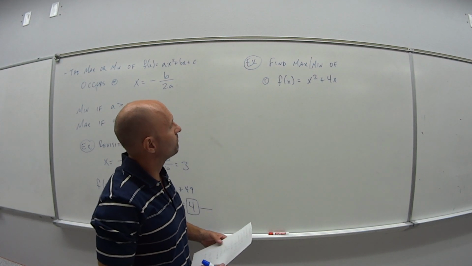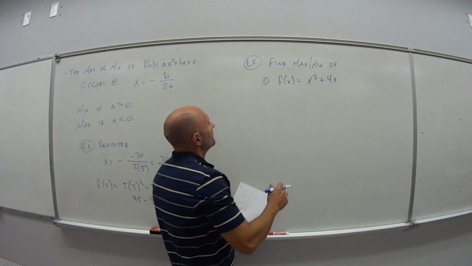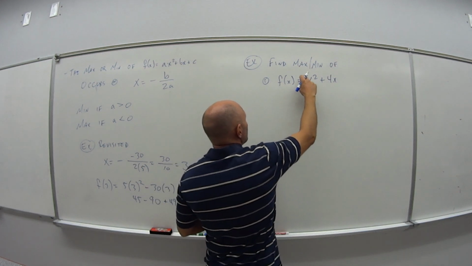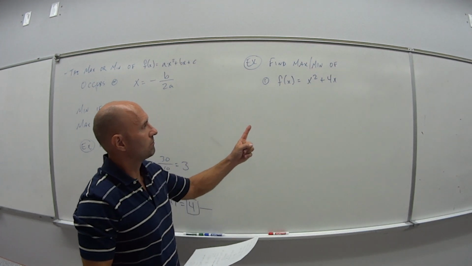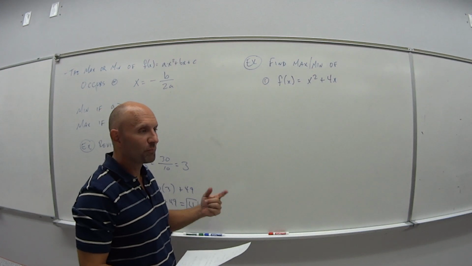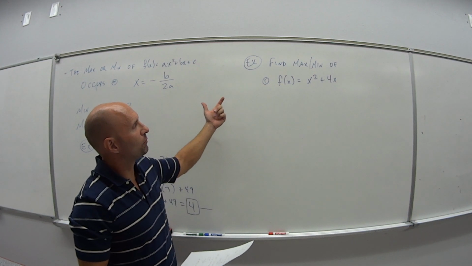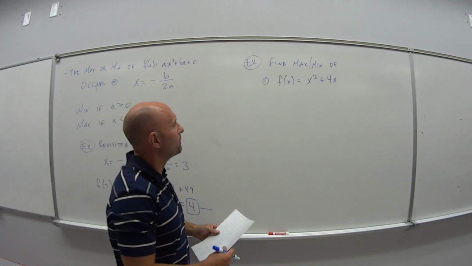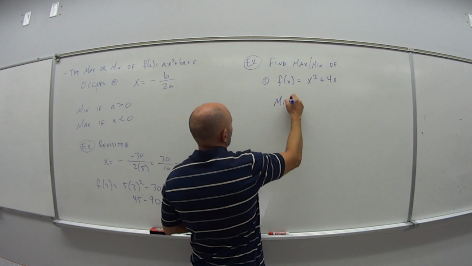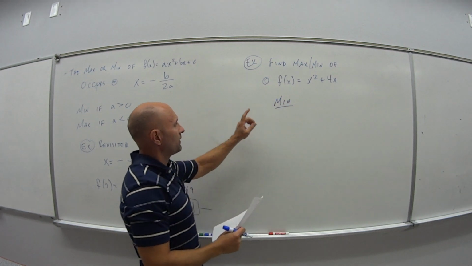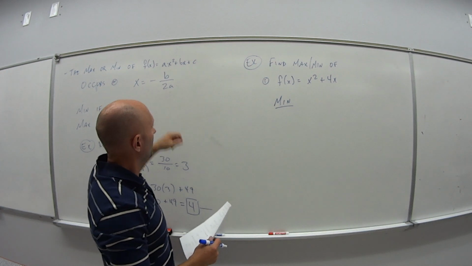All right, welcome back, hopefully. So our a is what? Our a is 1, the 1 in front of the x squared. It's positive. That means it's going to be a parabola pointing up, which means we're finding the minimum value. That occurs at this guy here.